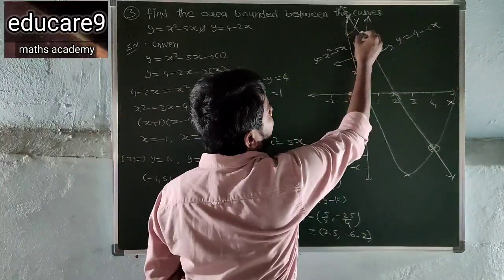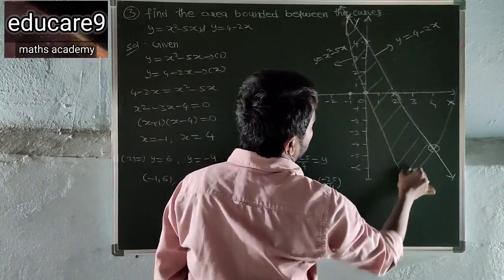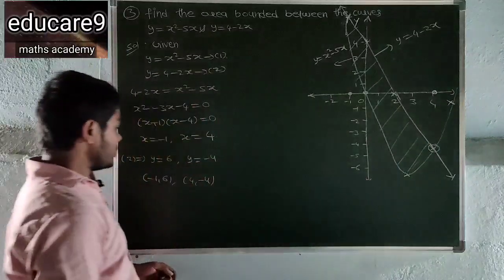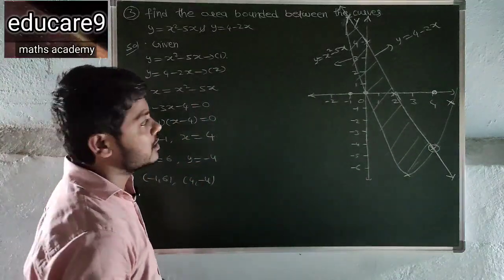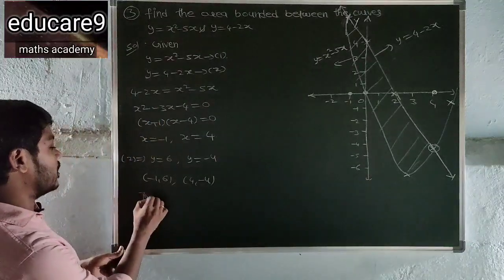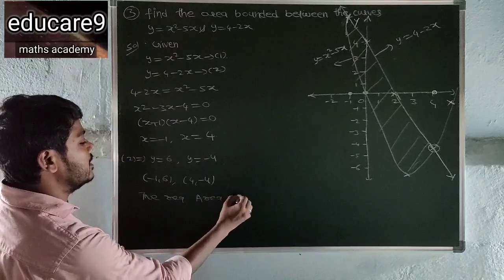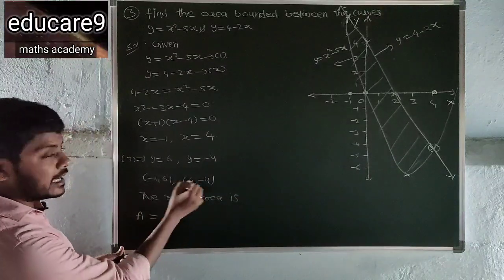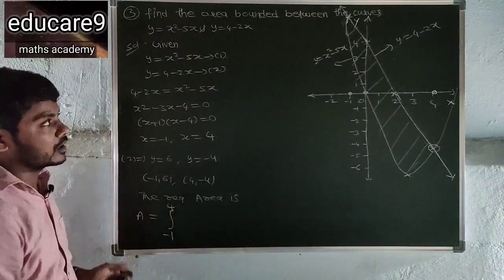Now you need to find this area. Okay, so clearly minus 1 to 4. Minus 1 comma 6, 4 comma minus 4. These are the points of intersection. So therefore the required area is A is equal to integral, take the x coordinates as limits, minus 1 to 4.